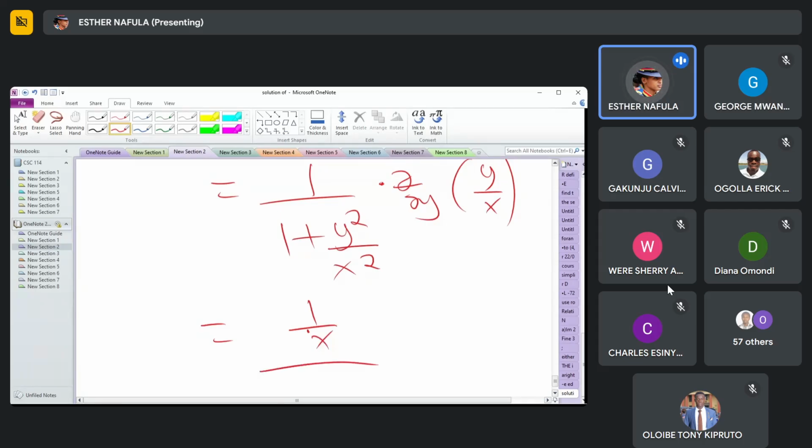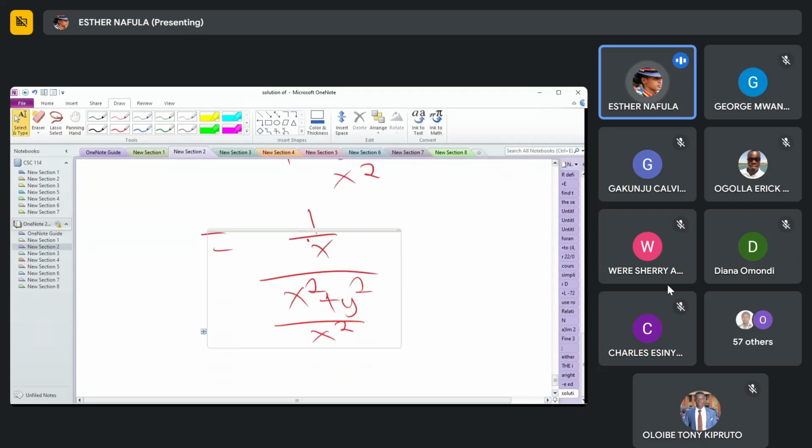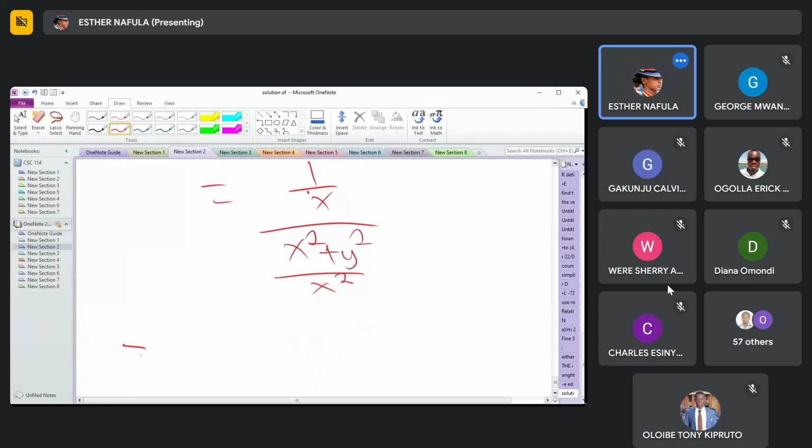If we combine terms in the denominator, we have x squared plus y squared over x squared. What does this simplify to? What does this reduce to?